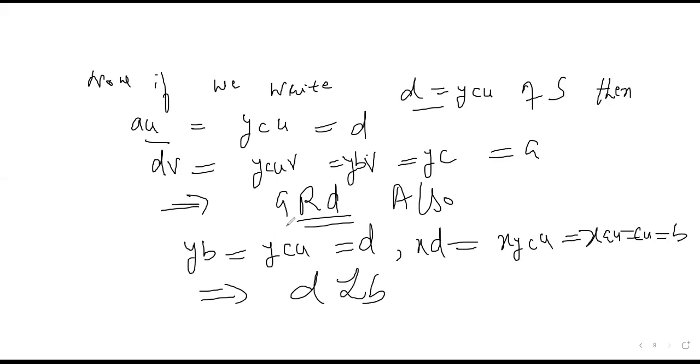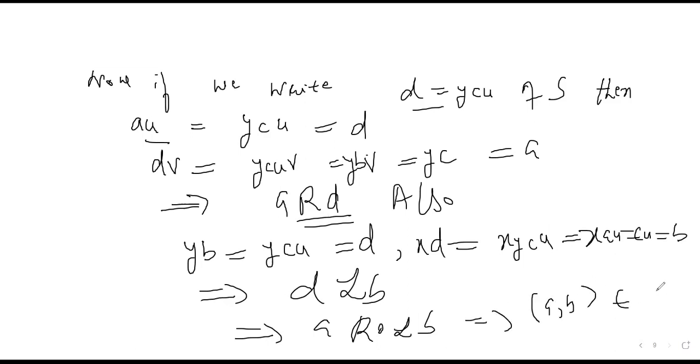Now A R D, DLB. So this means A R composition L B. Or in other words, you can say that A, B belongs to R composition L. So this means L composition R is a subset of R composition L.